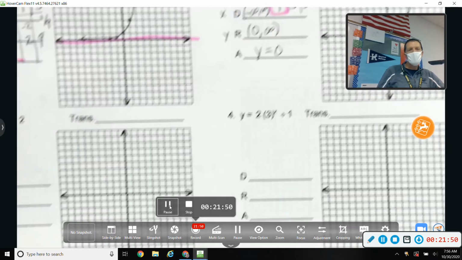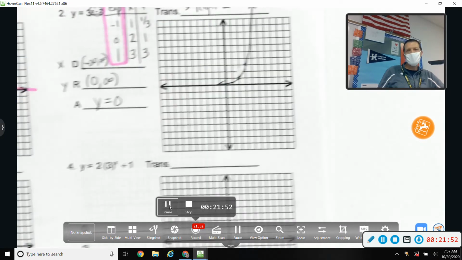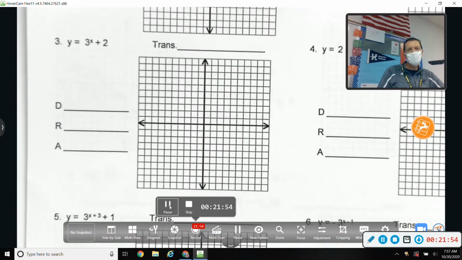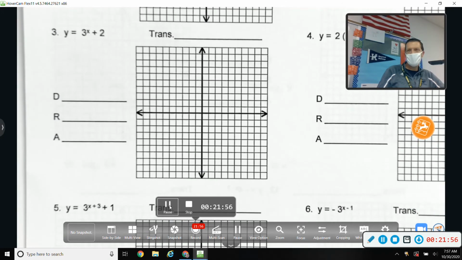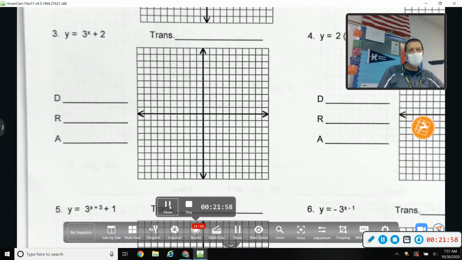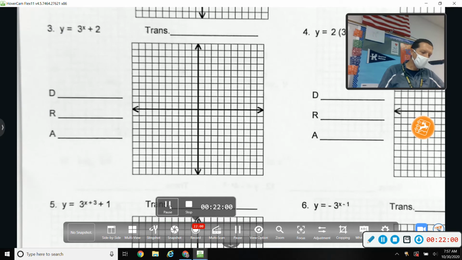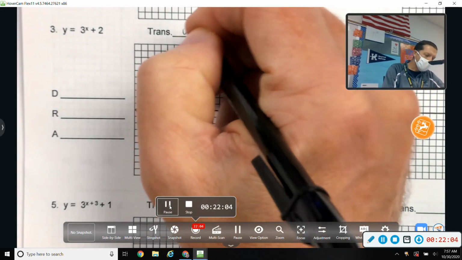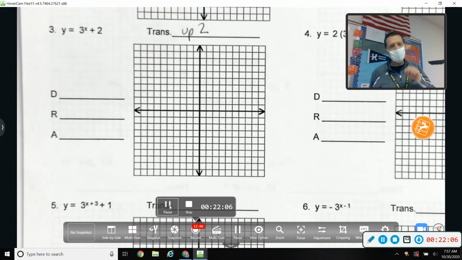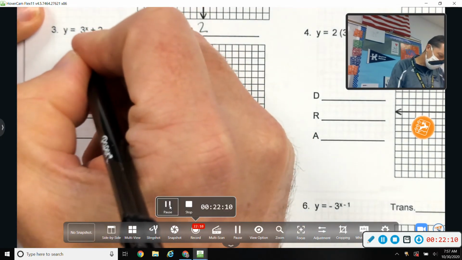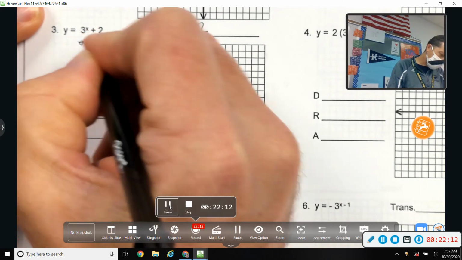Some people will save that to the end and use it to verify. Other people will answer it right off the bat and kind of help that guide their process here. So like number 3, what's the transformation for that one going to be? Up 2. But then we don't really use that because we use the key point thing. Exponent, x, and y.